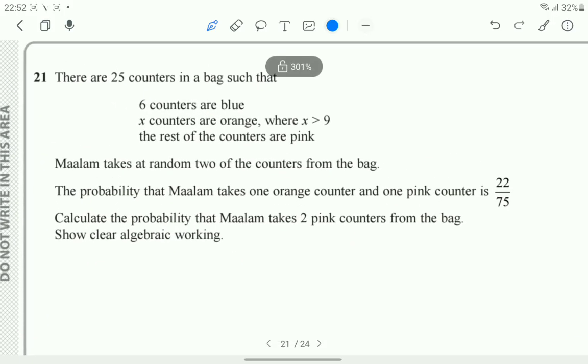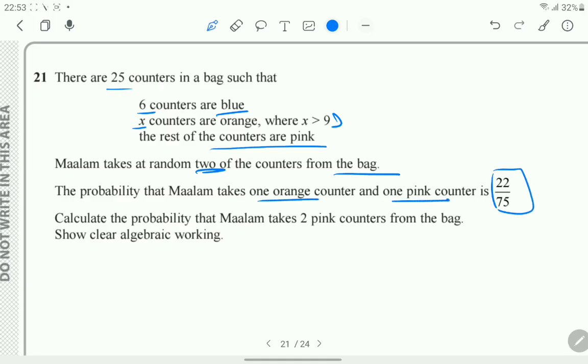Question 21. There are 25 counters in a bag such that 6 counters are blue, x counters are orange where x is greater than 9. The rest of the counters are pink. Malam takes at random 2 of the counters from the bag. The probability that Malam takes one orange counter and one pink counter is 22 by 75.